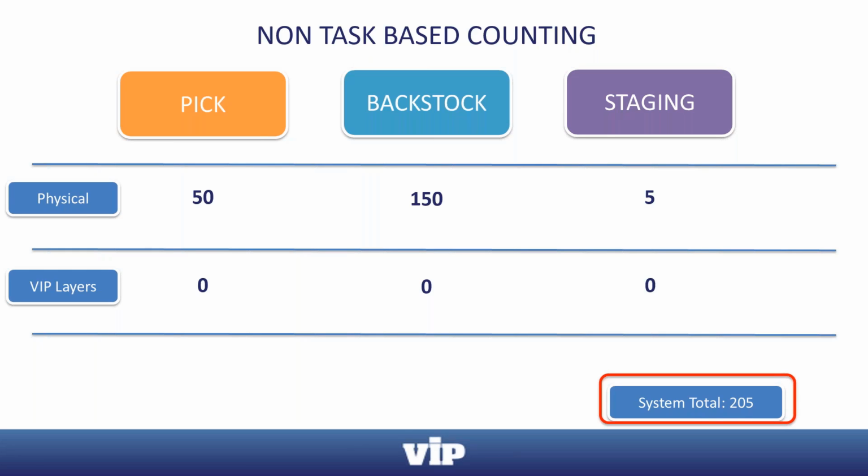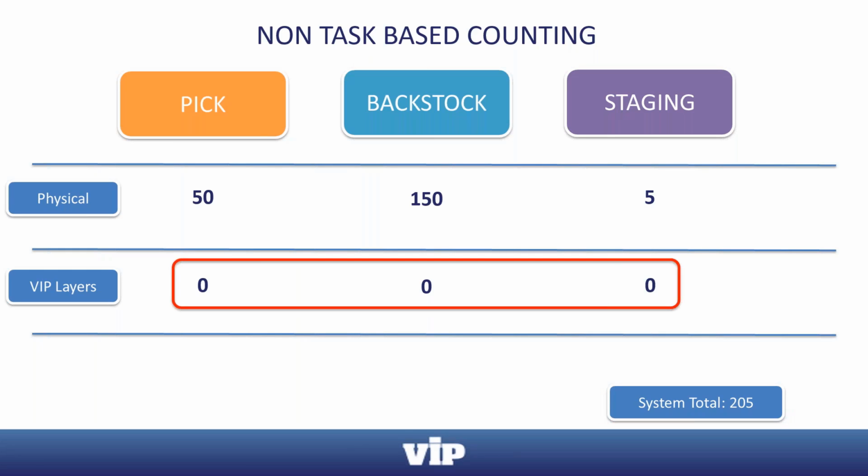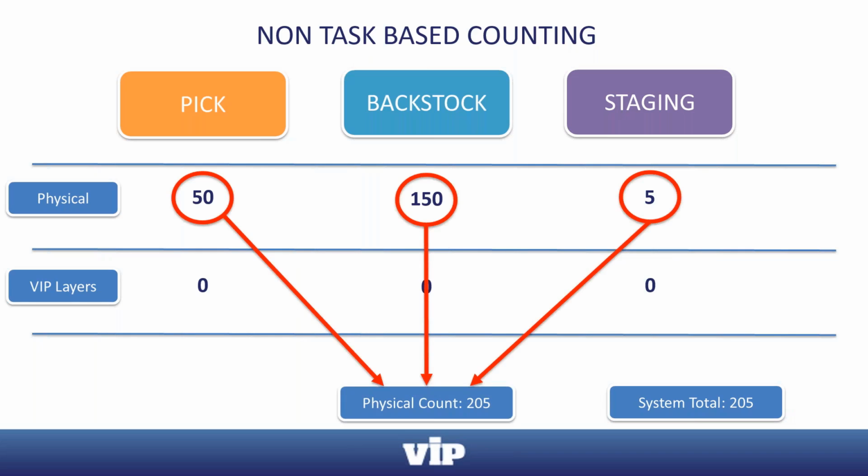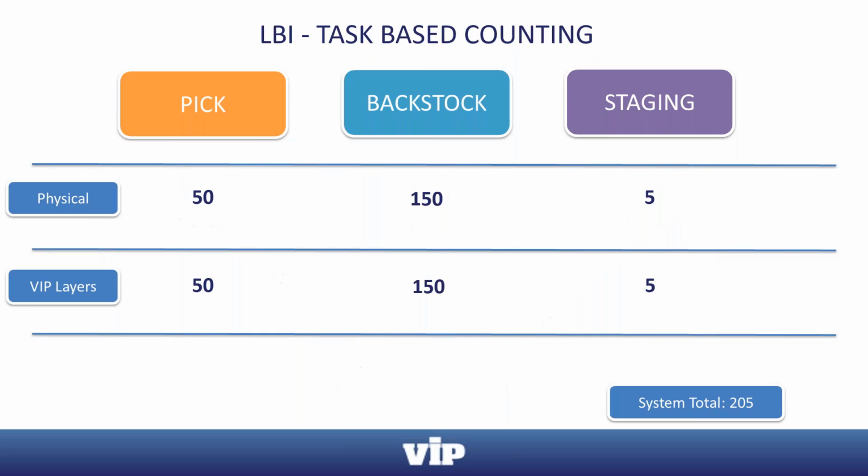What you do not have is a file in VIP that separates the system total into totals by locations. So when you count inventory, you must count everywhere the product exists in your warehouse. This count is then compared to the system total: 205 cases compared to the system total of 205 cases.